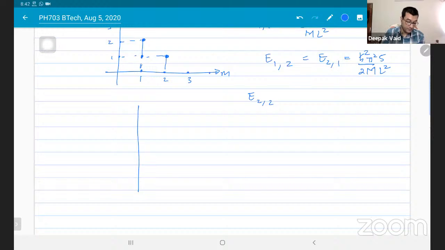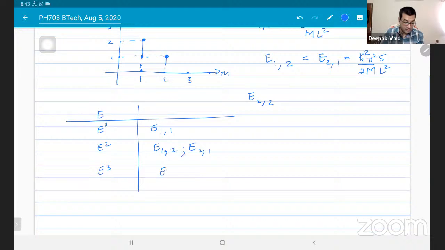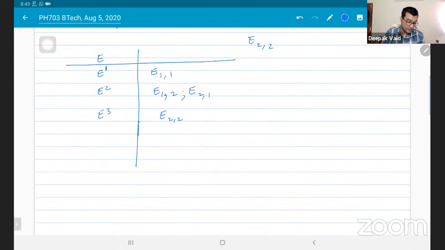So let's say that we make a table of the energy eigenvalues. So what is the energy? The first energy eigenvalue, we'll put it like this: E1 is for E11, then E2 is for E12 and E21, then E3, well, that's just E22, right?